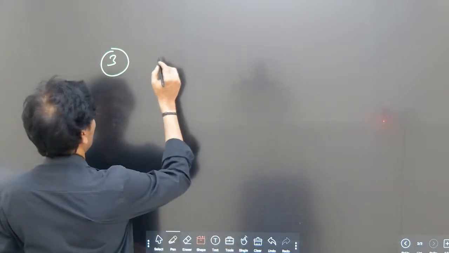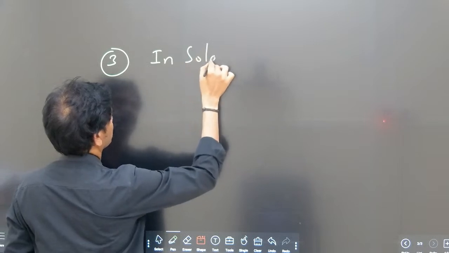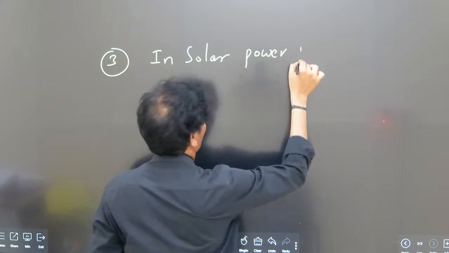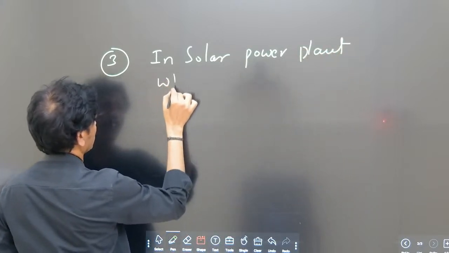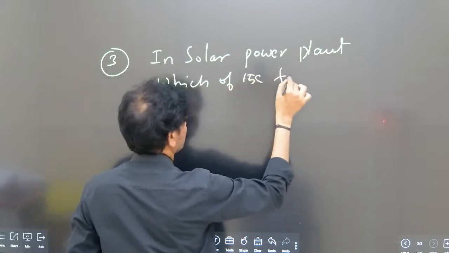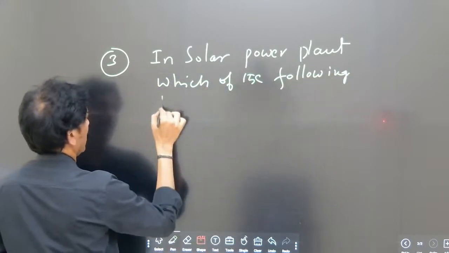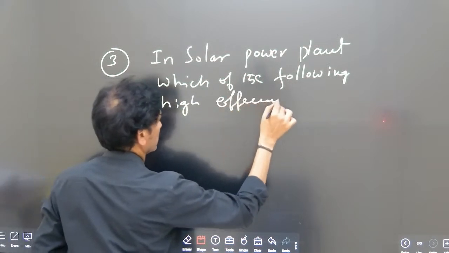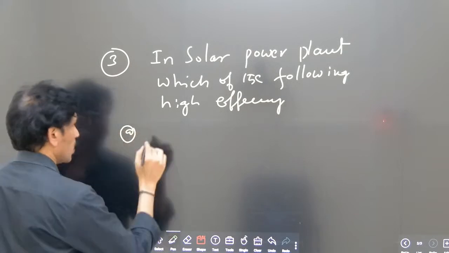So, in solar energy, in a solar power plant, which of the following has high efficiency? The first one, bit A, solar ponds.